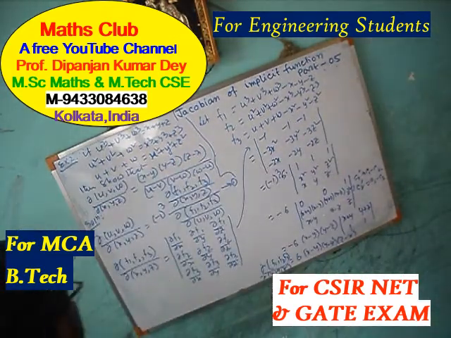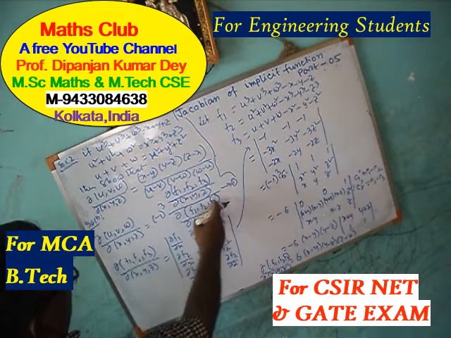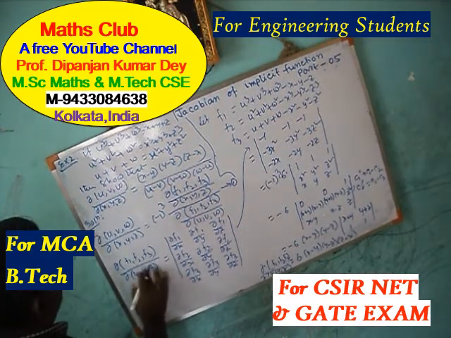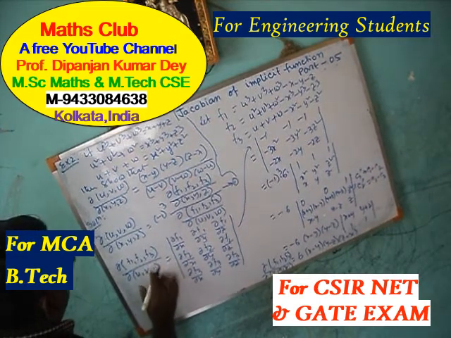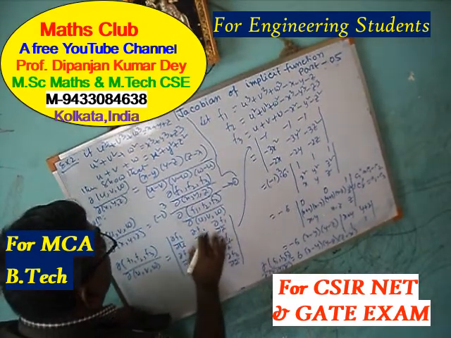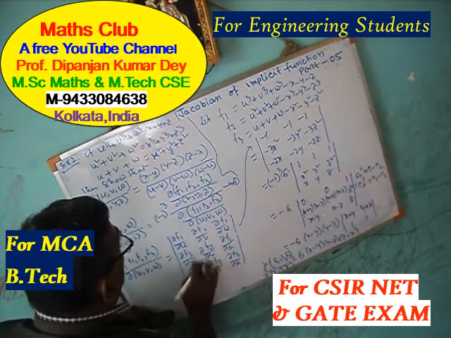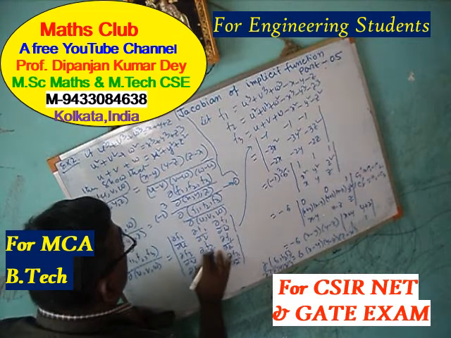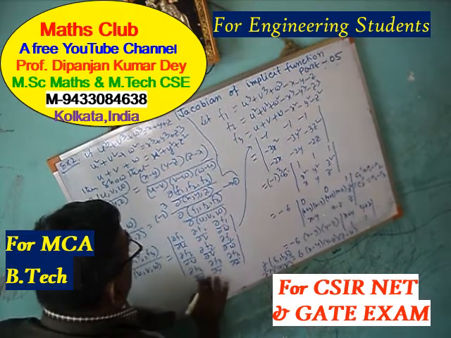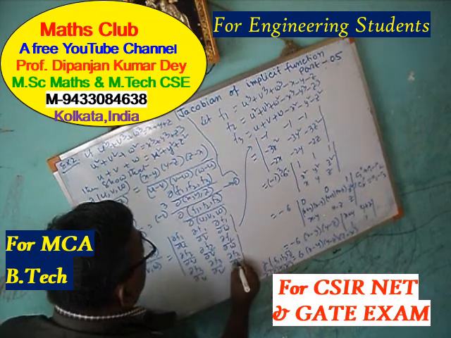Okay, so now I am finding the denominator part, that is del of f1, f2, f3 by del of u, v, w. So that means just I am changing here. This is u, this is v, this is w.